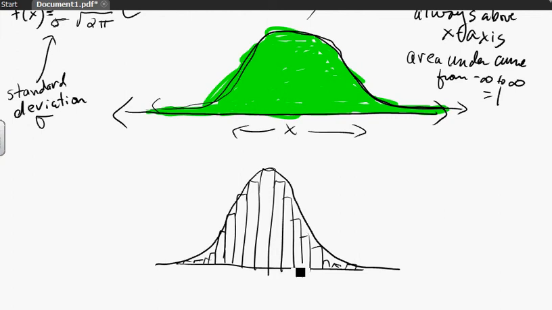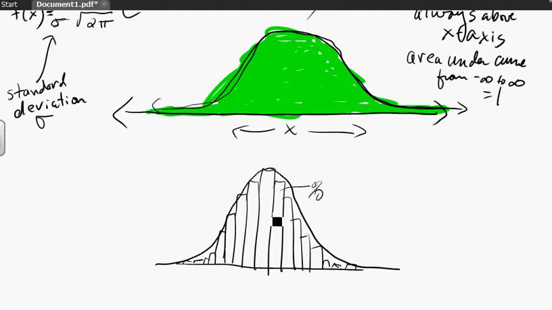Okay, now these bars, they're not going to be whole numbers. They're not going to be counts, because if I start adding up counts, I'm going to get a number bigger than 1. So these bars are all going to be in percentages.